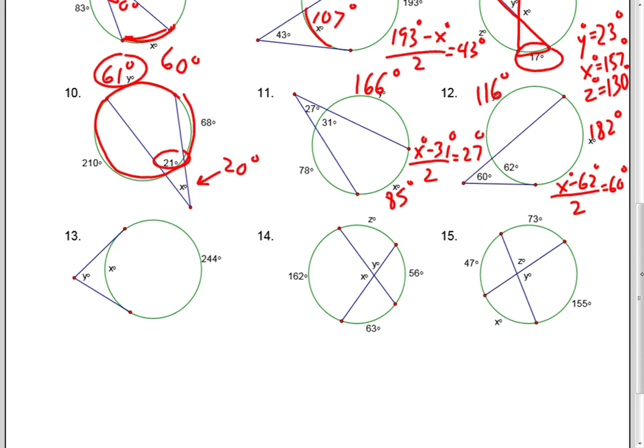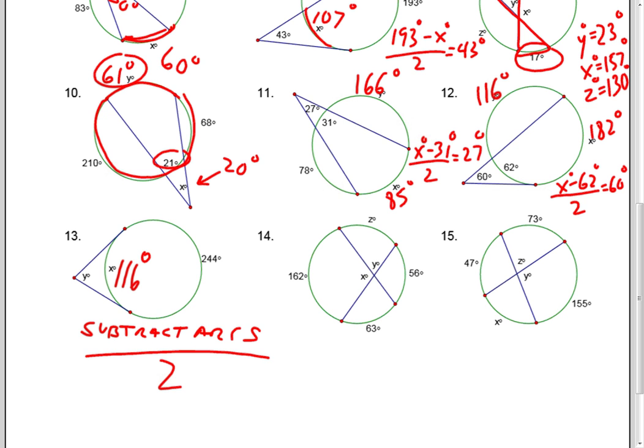The segment rule for tangents would be this. Is that going to help us? No. If we're dealing with lengths, that's what we want to do. When we're dealing with arcs and angles, what's the rule? Subtract arcs, divide by 2. So I have 244, and what is that? Is that 116?